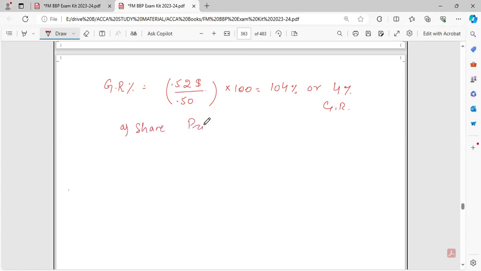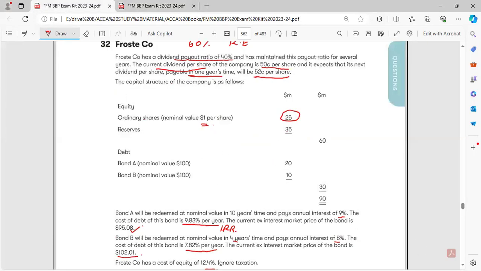Share price is equal to recent dividend 0.5 into 1.04 growth rate divided by cost of equity minus growth rate. $6.19 is the share price. This is the answer of first question.